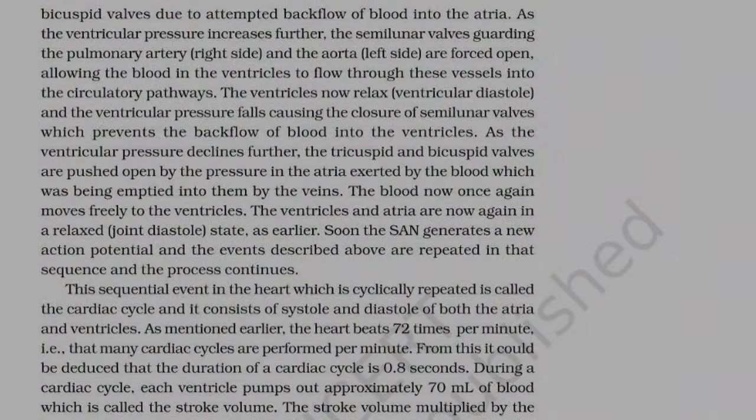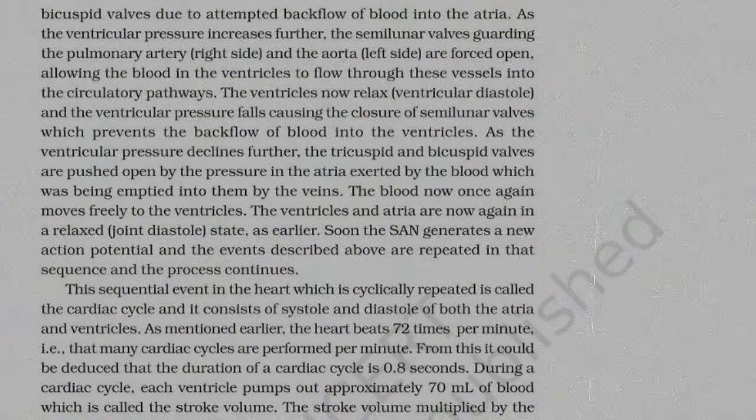Soon, the SAN generates a new action potential, and the events described above are repeated in that sequence, and the process continues. This sequential event in the heart, which is cyclically repeated, is called the cardiac cycle, and it consists of systole and diastole of both the atria and ventricles.